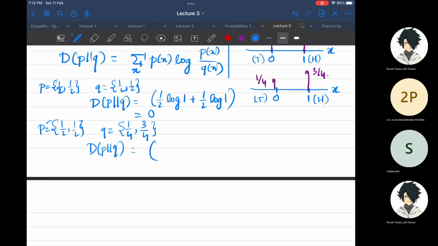First is half, P log P by Q. So 1 by 2 over 1 by 4 will be 2, plus 1 by 2 log 1 by 2 over 3 by 4. So what will that be? I think this will be 2 by 3, is it? Yeah, I think this is correct. I'm just doing some calculation, okay? So this will be log 2, and minus 1 by 2 log 3. This is what it will be.